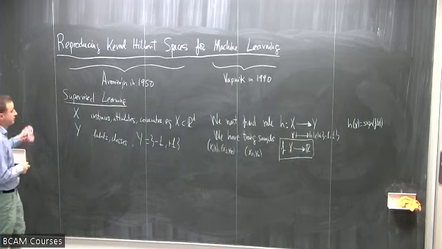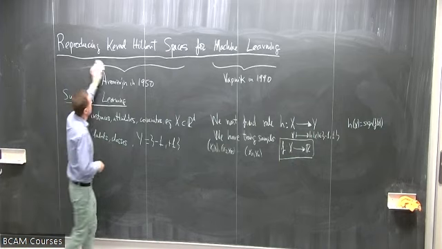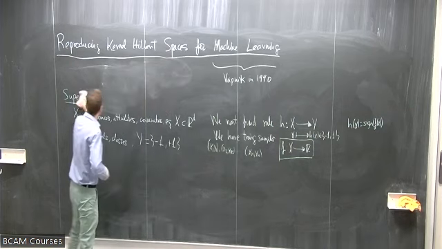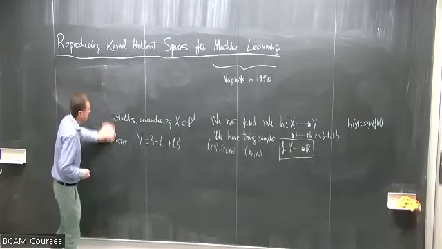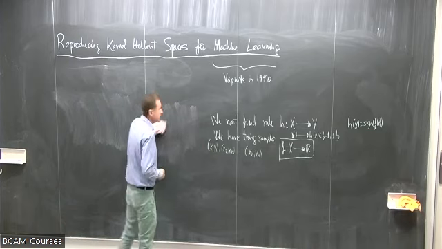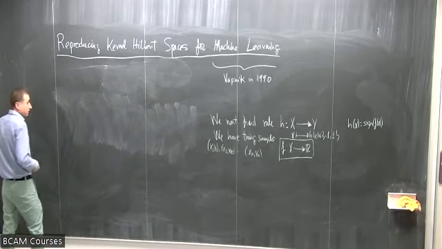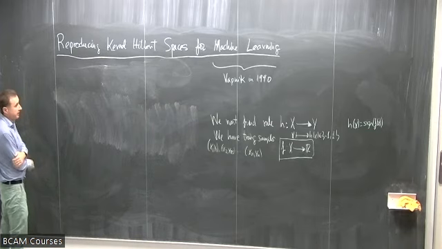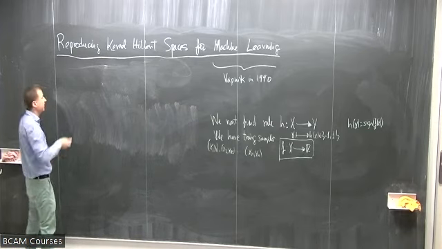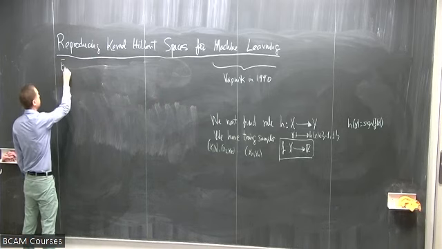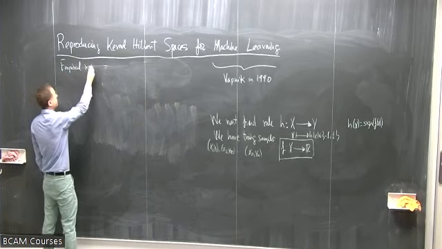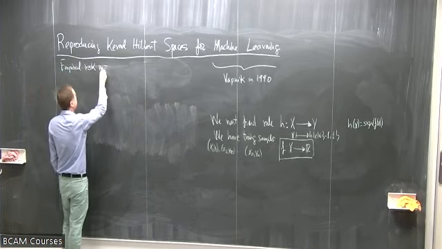Okay, so how to do this? Let's see the main ideas of how people do it. The most common approach to find that rule is known as empirical risk minimization.